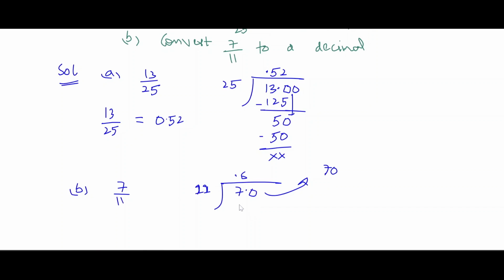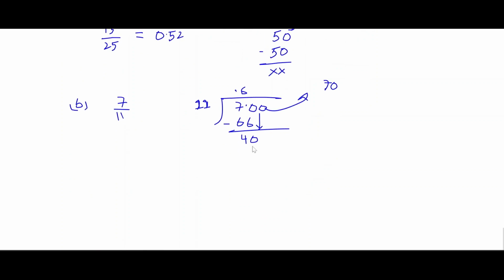So 11 into 6 is 66. Now 70 minus 66, we get 4. Now it's a 4, so we want 0 here. The 0 comes down, it's 40. Now we will divide 40 by 11. There should be a 3. 3 into 11 is 33, and 7 will come down.